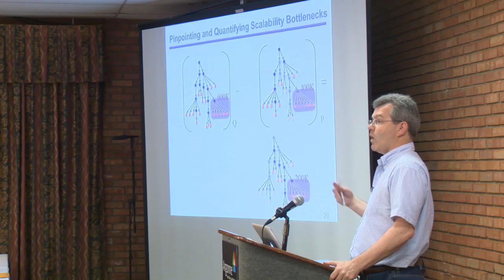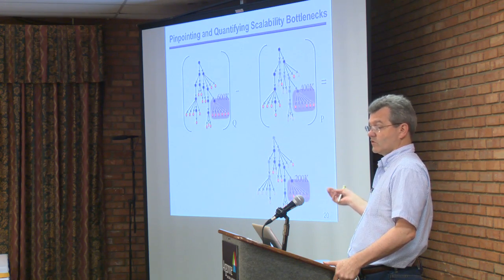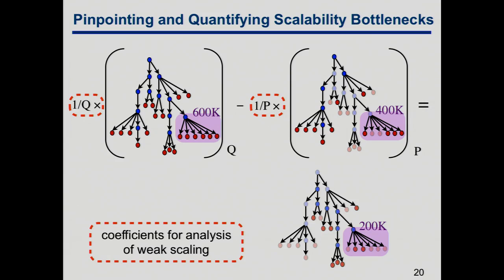Then I can divide it by the total execution cost and get the fraction of wasted effort, multiply that by 100, and that gives me the percent of wasted effort. In fact, that's the same as the percent scalability loss, okay? And so 1 minus the scalability loss is going to give me the parallel efficiency.